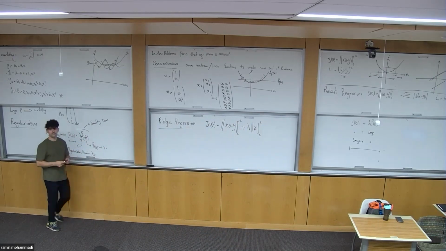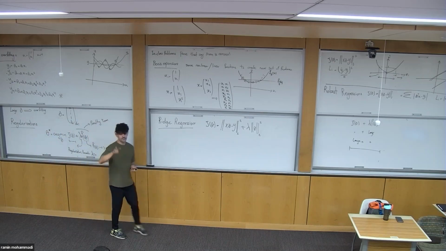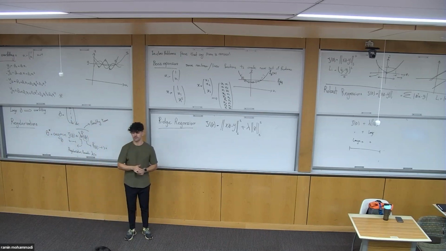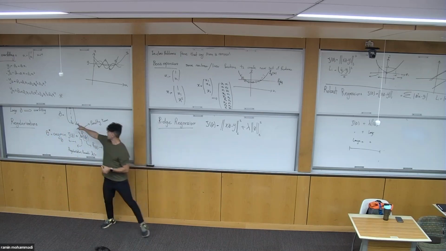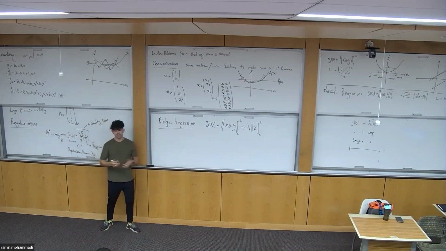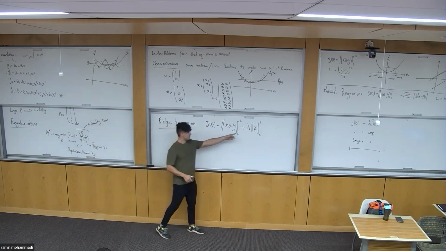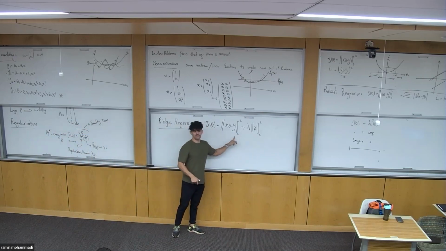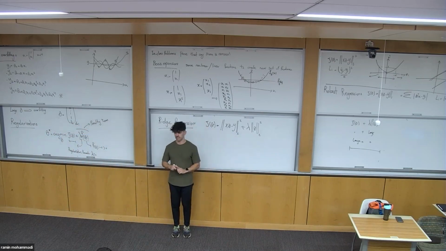So if you want to memorize ridge regression, norm 2 and norm 2. That's ridge regression. Norm 2 cost function, norm 2 penalty term. Right? Because again, theta is a vector, so you want a function that gets a vector and gives you a positive value. So norm is the perfect one. If you pick norm 2 and norm 2, this becomes ridge regression.